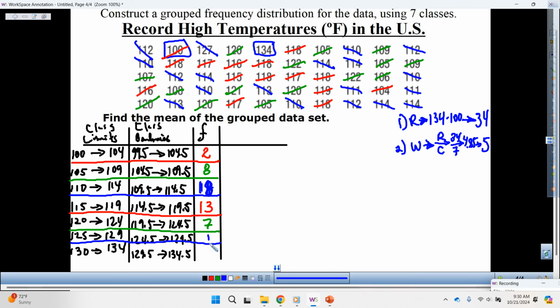And the last but not least, 130 to 134, 1. Whew. All right. Are we doing good?